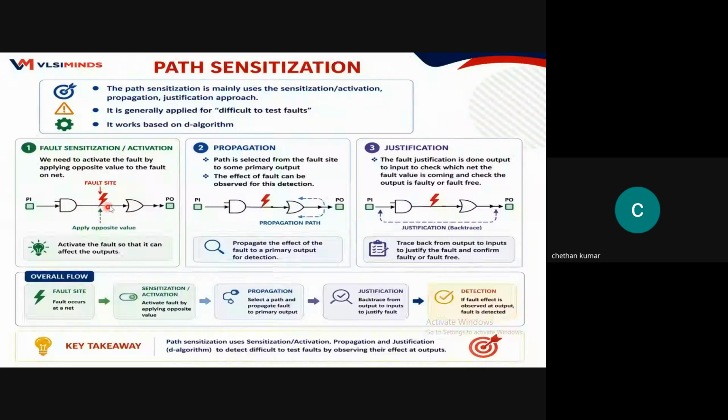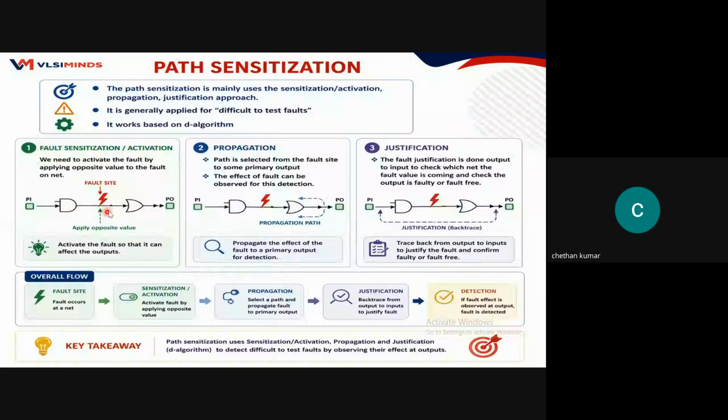For example, there is a fault site here which is stuck at 0. This net is stuck at 0, connected to ground. So instead of applying a 0, if I apply 0, there is no use. Here also it is 0, only 0 will appear, so I think that there is no fault. But to find out this 0, I should apply 1.